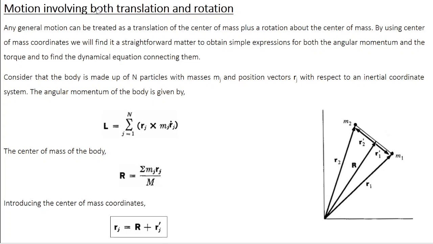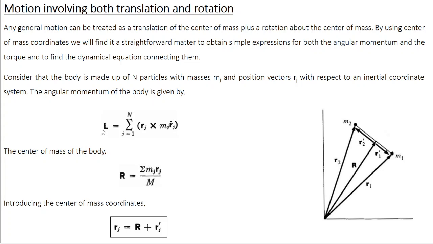As always, consider that your rigid body is made up of n particles with masses mj and position vector rj. Here rj is measured with respect to your regular inertial coordinate system. The angular momentum of the body is the sum of the angular momentum of the individual particles.